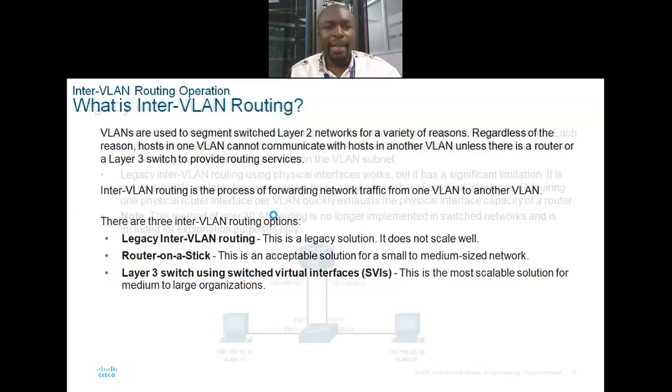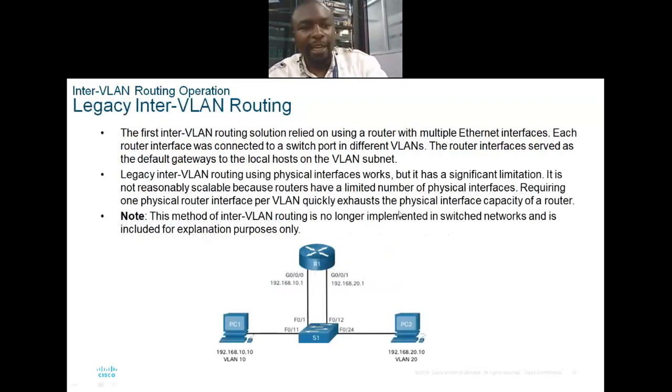Now, legacy inter-VLAN routing. The first inter-VLAN routing solution relied on using a router with multiple Ethernet interfaces. Each router interface was connected to a switch port in different VLANs. The router interface serves as the default gateway to the local hosts on the subnet.